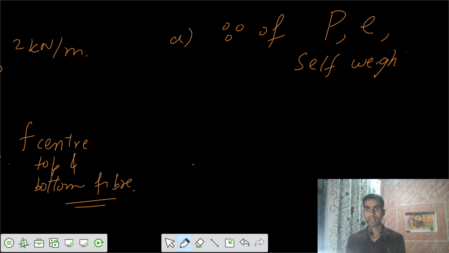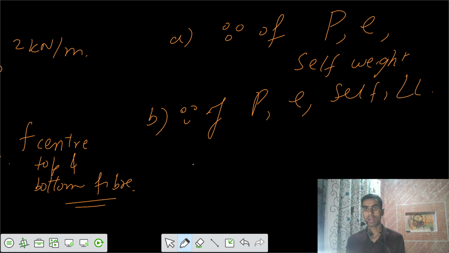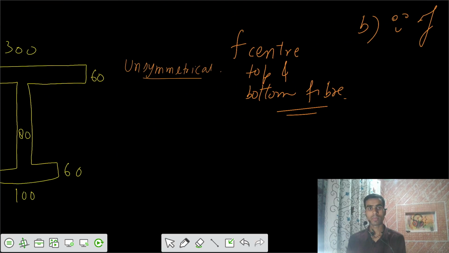The second case is to calculate the stresses because of P, its eccentricity, your self weight, and all the live load you have on the beam.